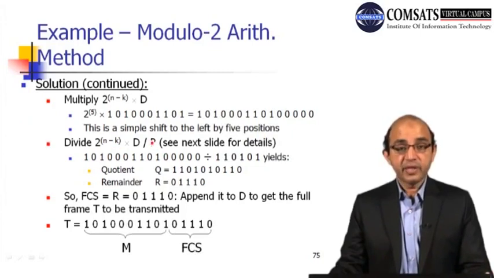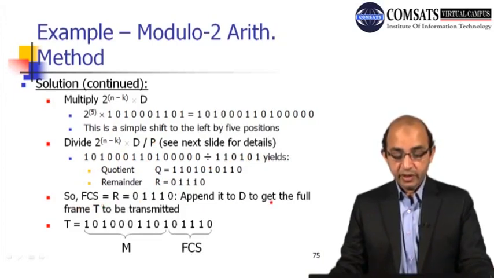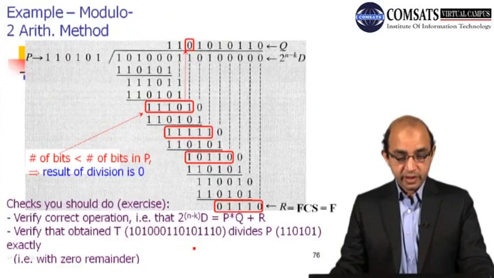Now we will be dividing by the divisor, right? So this is the quotient, and this is the remainder. So this is the frame check sequence, which we append to D to get the full frame to be transmitted, right?